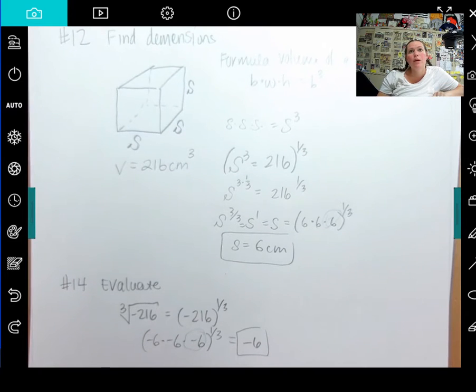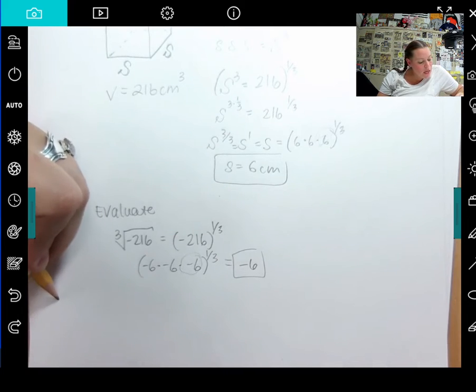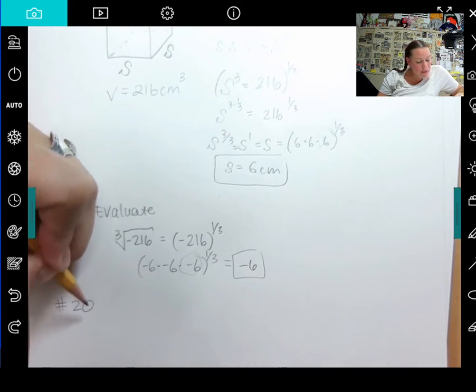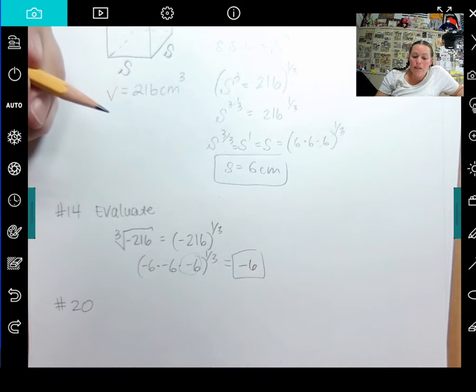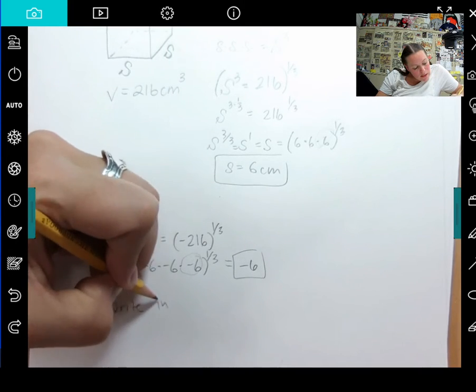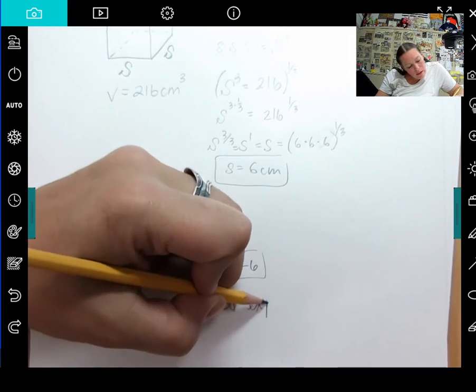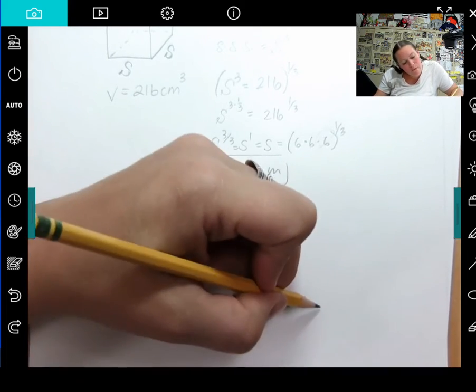The last problem that I wanted to go over with you guys to help with homework is number 20. So number 20 says write in rational exponent form.